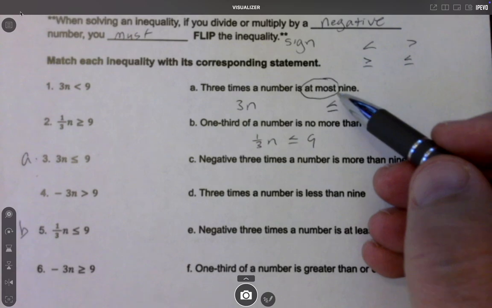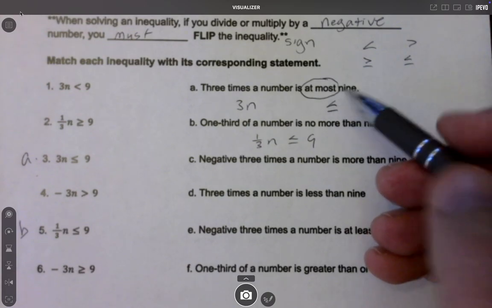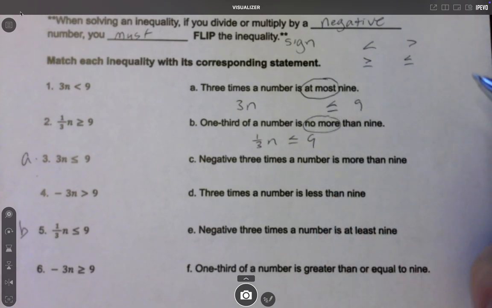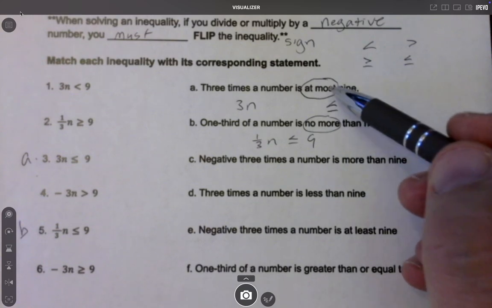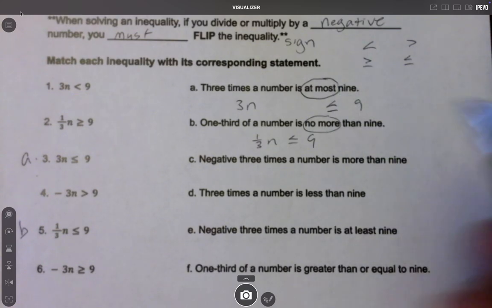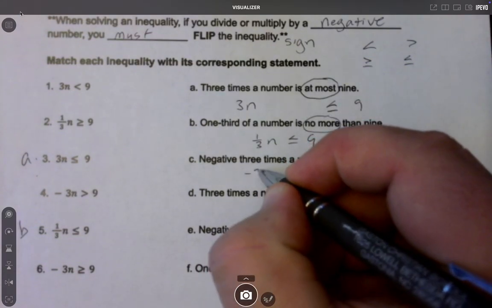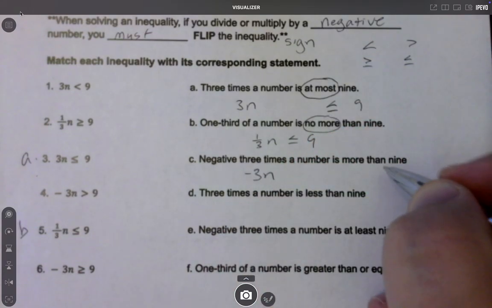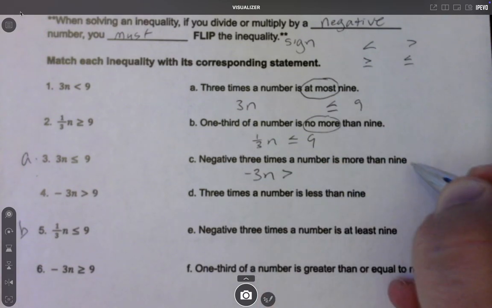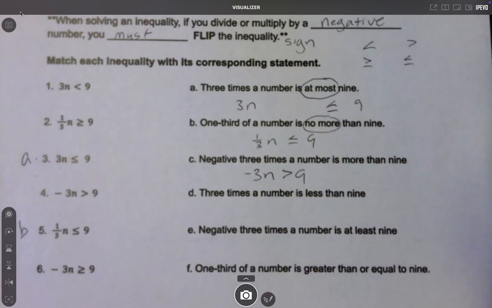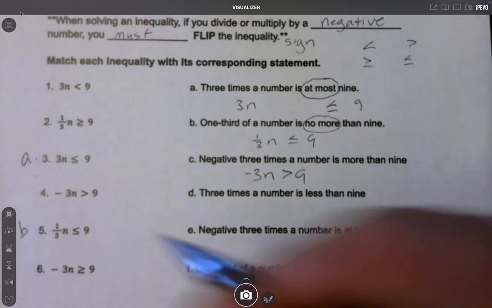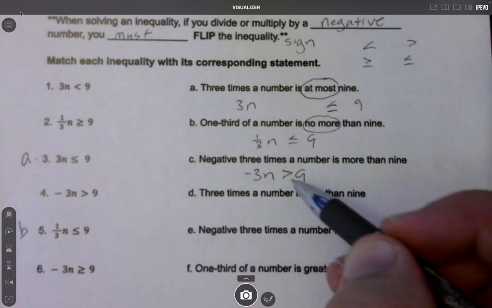So that's why it's really important, and why on the end of the notes for 5.1 I gave you that key as far as remembering what things like at most or no more than means. Okay, negative 3 times a number is more than, same as greater than, 9. Okay, so that would put us at 4, because it's just greater than, not greater than or equal to.